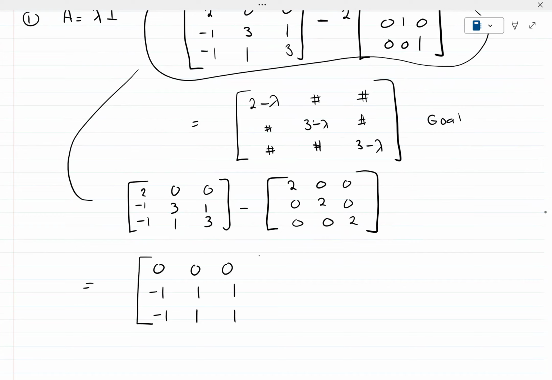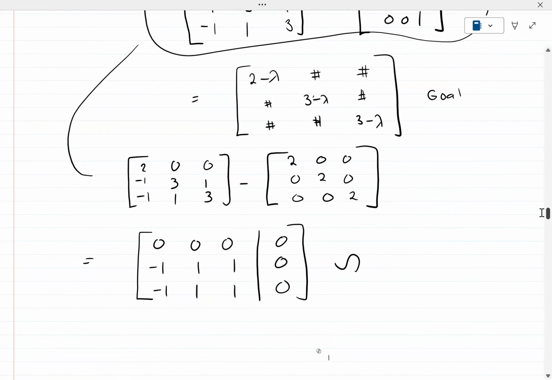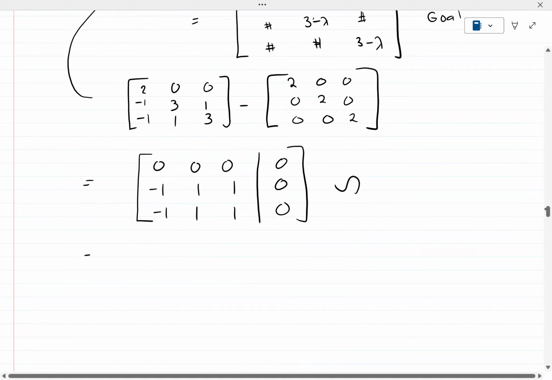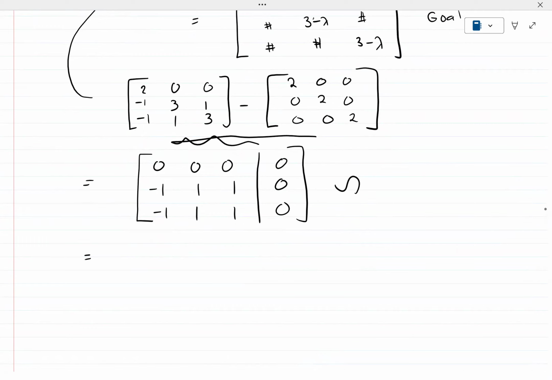And then we augment with 0 and row reduce. So basically what we did is we found this. This whole step was basically A minus lambda times I augmented with vector 0.